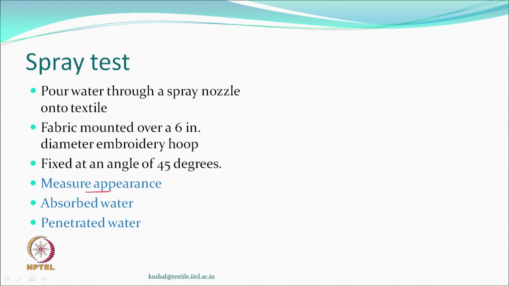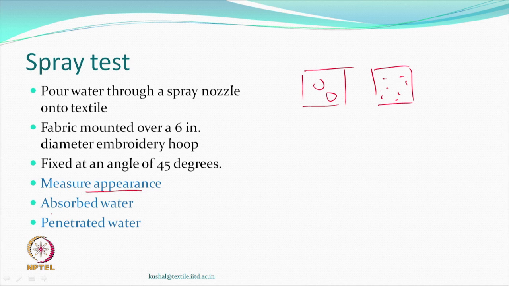One is called the appearance. There will be, let us say, standard photographs of highly repellent, less repellent, wettable surface, which you can check and give a rating on a scale of 1 to 5. You may have standard photographs which show whether the drop is looking, or it is already wet, or less wet or more wet. So, you can compare.